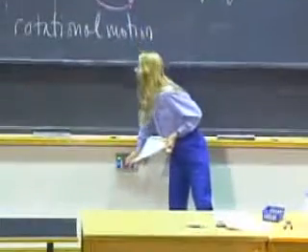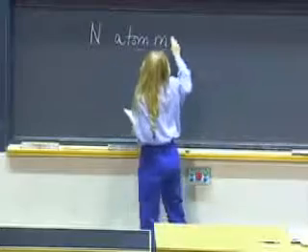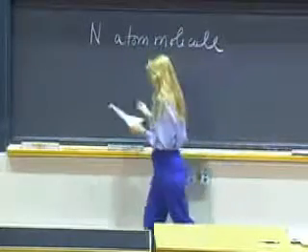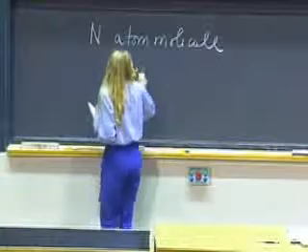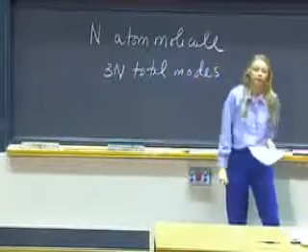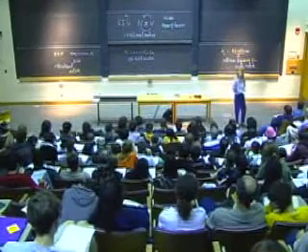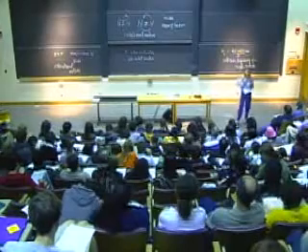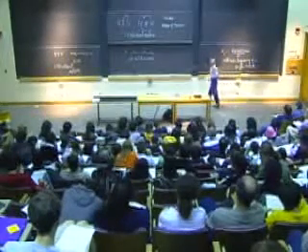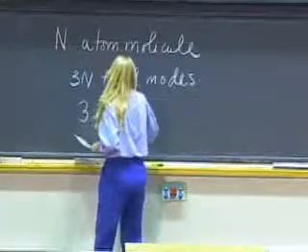Now, in general, if you have an N-atom molecule, you've got 3N total modes. When I say total modes, that means the sum of translation, rotation, and vibration. Of those 3N total modes, 3 of them are translational modes.